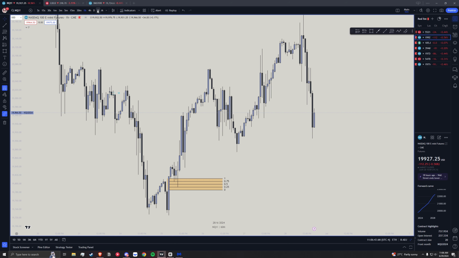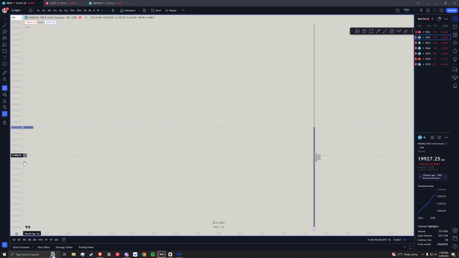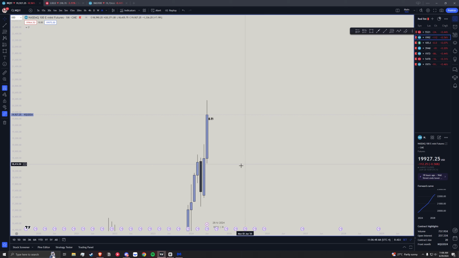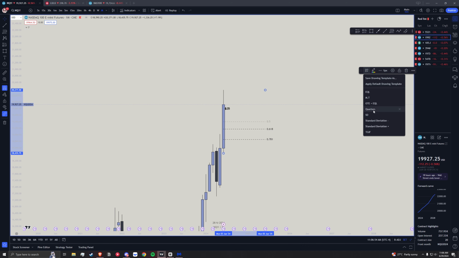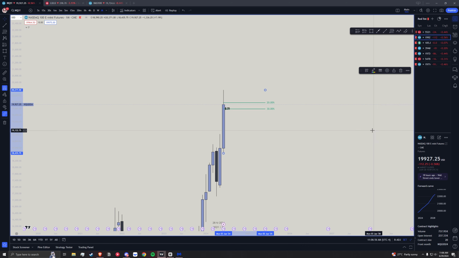And as for TGIF, it's basically thank God it's Friday, and it basically states that at the end of every month or at the end of every week, you're gonna see price retrace 20 to 30% of the whole candle movement on a Friday.